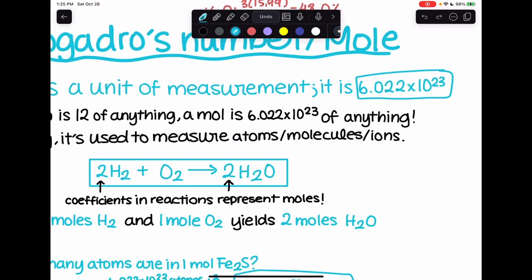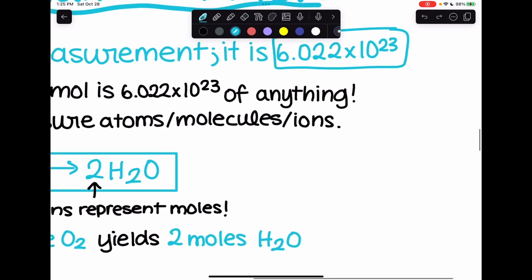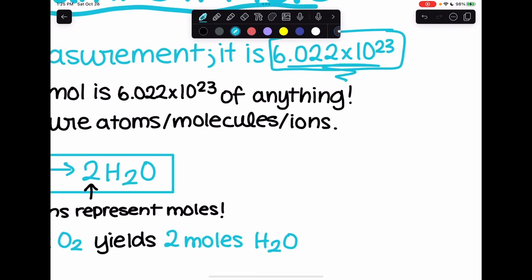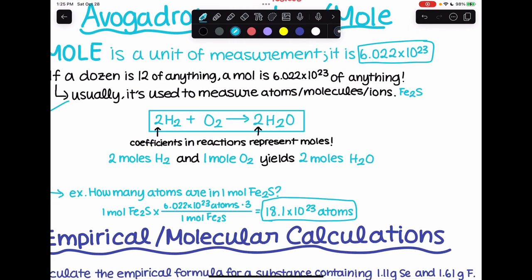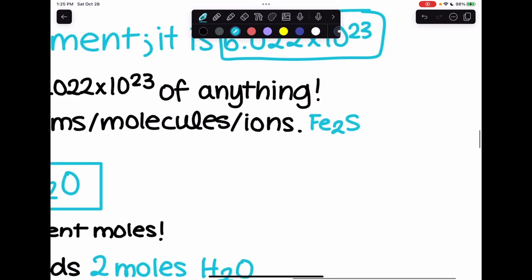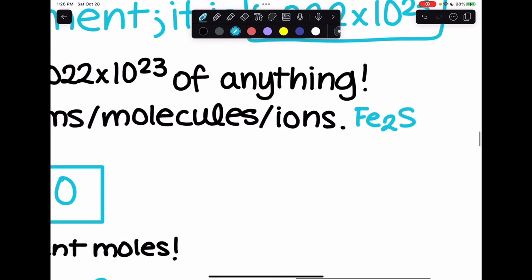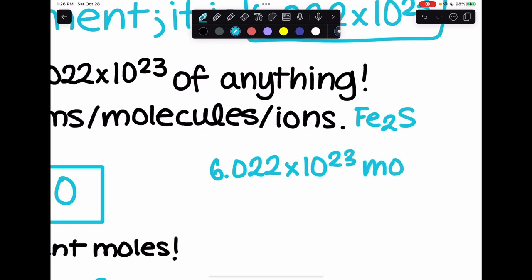But it's important that we don't just stick this number into everything, okay? So if you're asked how many atoms are in 1 mole of Fe2S, you have to be careful with it because this is a molecule, correct? If you wanted to figure out how many molecules are in that, you'd just say there's 1 molecule here, so it's just 6.022 times 10 to the 23rd molecules of Fe2S.